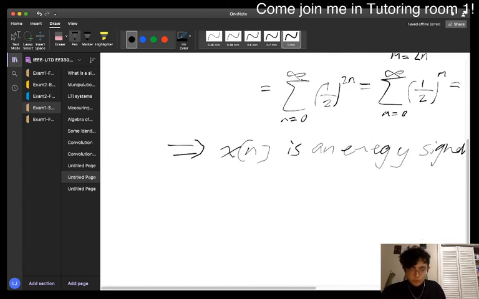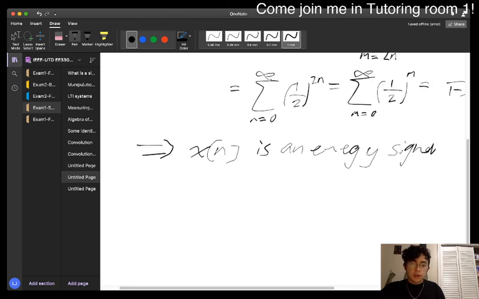For energy signals and power signals, basically if you have finite energy, let me write, if x is an energy signal, then the power of x is equal to 0.